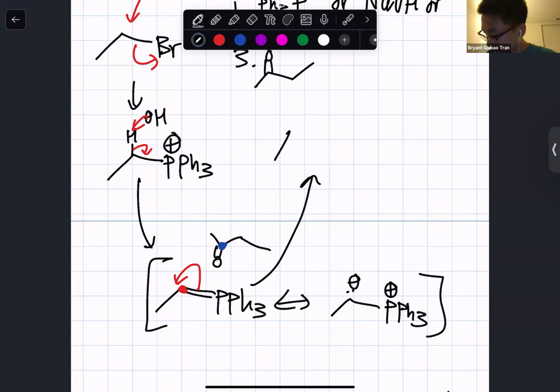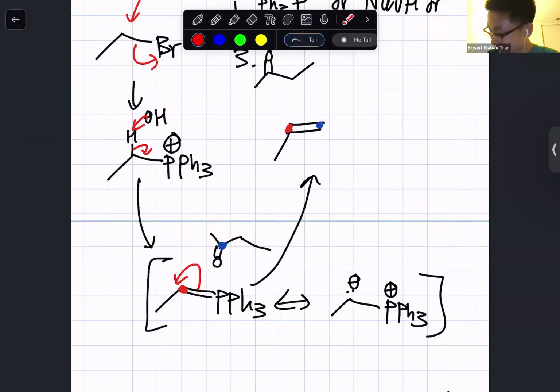So let's say this is the red carbon, this is the blue carbon. If we want to make the Z isomer, where would these groups go here? Let's look at the ethyl group. Where would the ethyl group go? It would be on the same side as the methyl. Yeah, there, down on the same side as the methyl. And then that makes the methyl group on the opposite side.